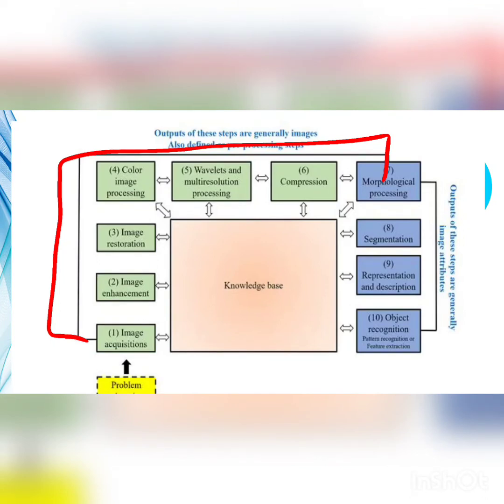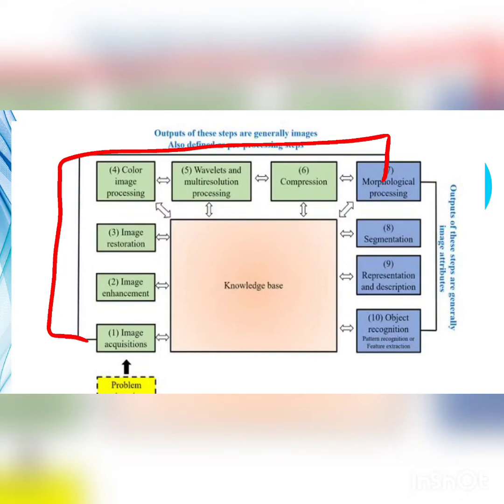Looking from the first process to morphological processing, in all of these processes we input an image, and the outputs that we receive are also images. Both input and output are generally images.